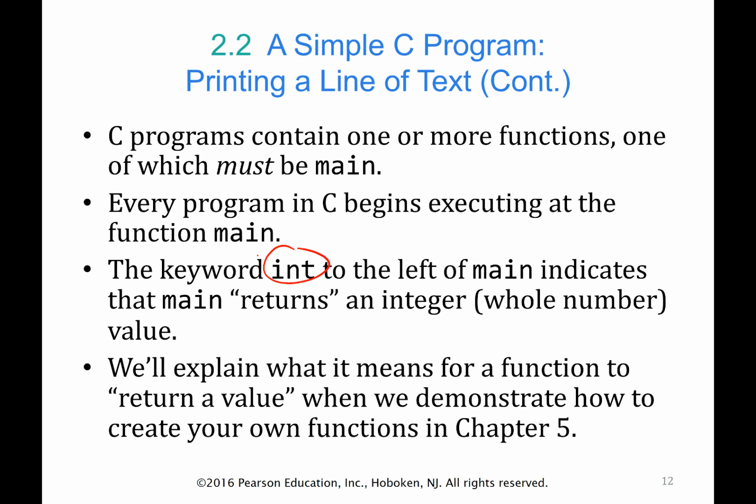So generally, when we have main return something, we normally return a 0 if the program worked correctly. If it doesn't work correctly, we normally return an error number. But because batch programming is not something we do today, we're not going to do it in this class, so I'm not going to get into how we would write a batch program.